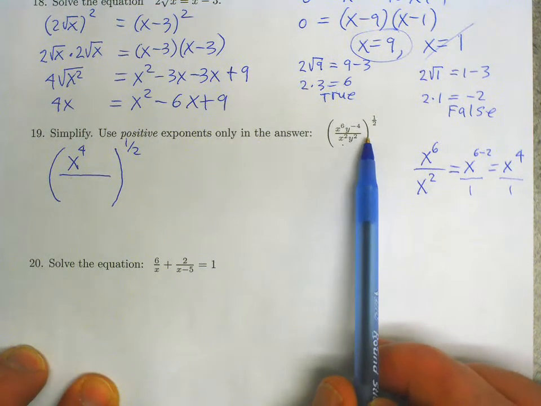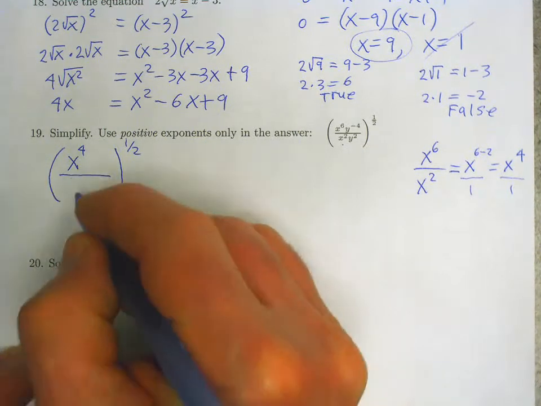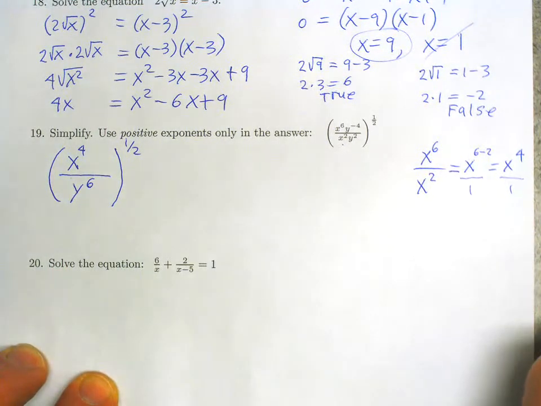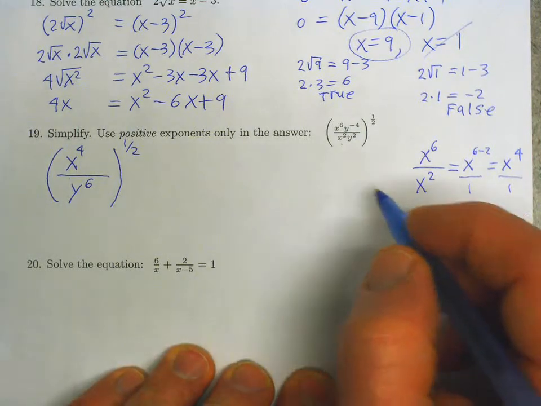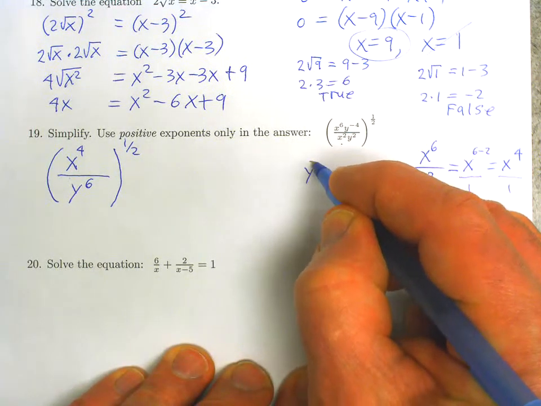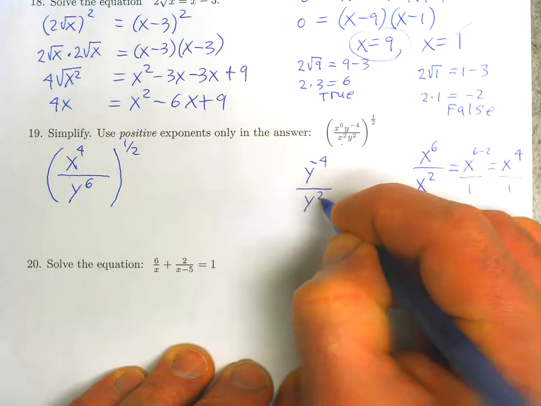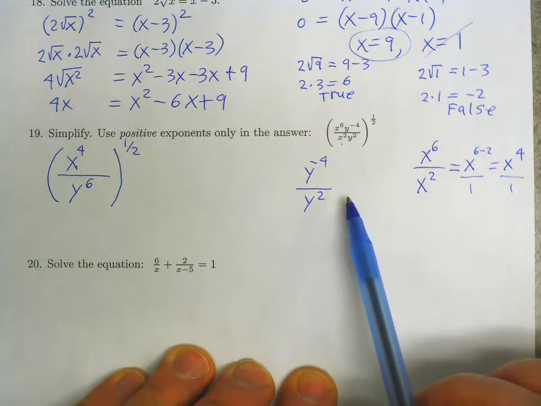The other term, y to the negative 4 divided by y to the 2nd, simplifies to y to the positive 6 in the denominator. So we can show why that has to be true. If we just isolate y to the negative 4 divided by y to the positive 2, once again, there's a number of ways we can go about simplifying this.